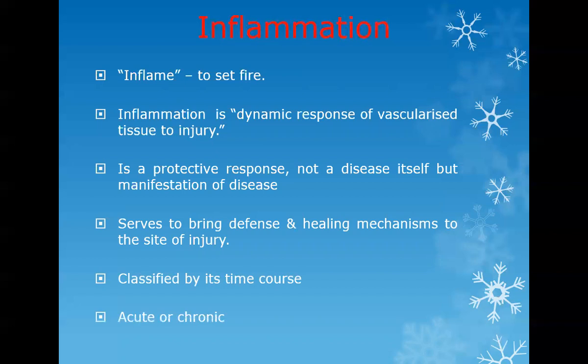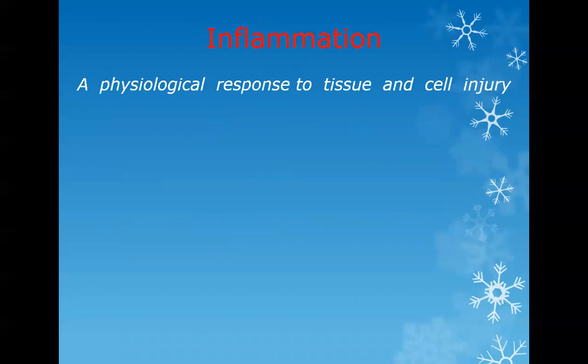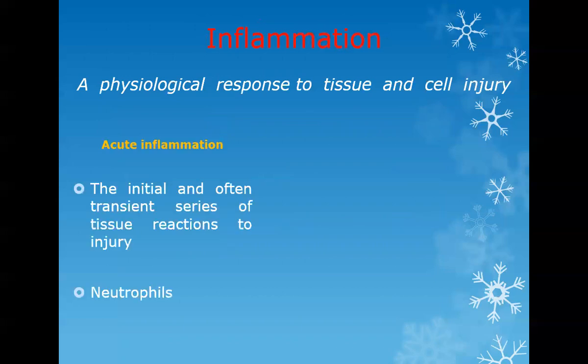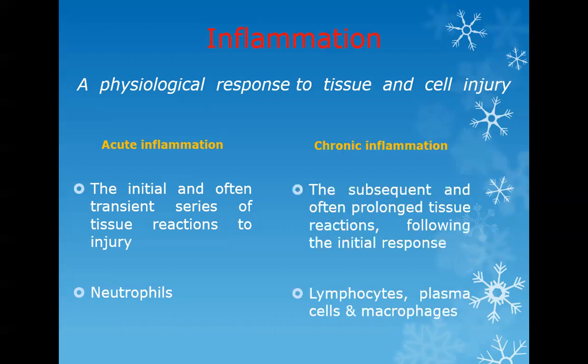Acute is usually short-lived, chronic is longer. Again, it's a physiological response to tissue and cellular injury. Acute inflammation is a transient, initial phase. It starts within minutes and goes up to 1, 2, 3, maximum 4 days, not more. The main important cell in acute inflammation is the neutrophil.